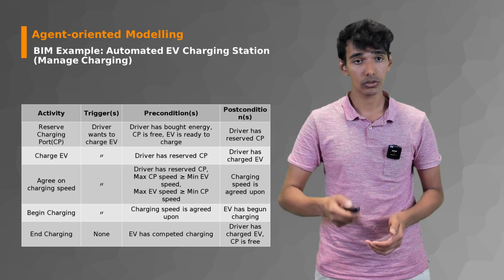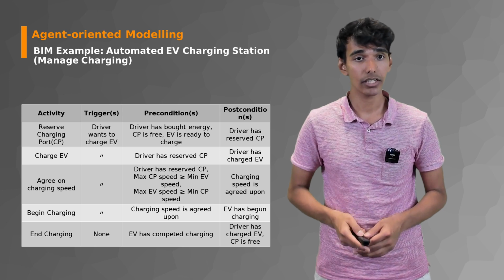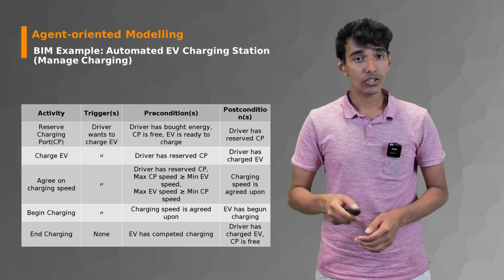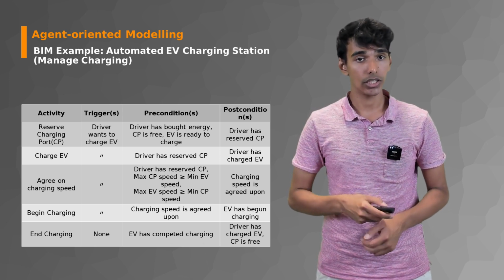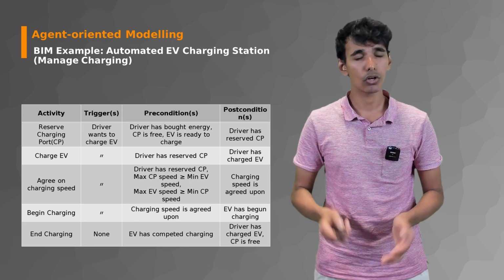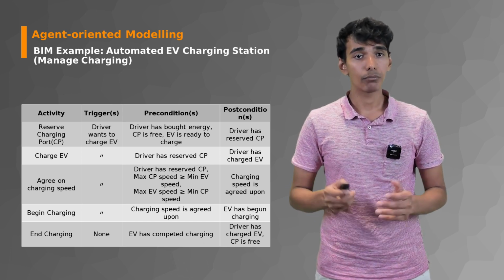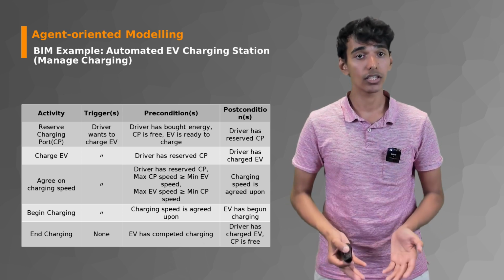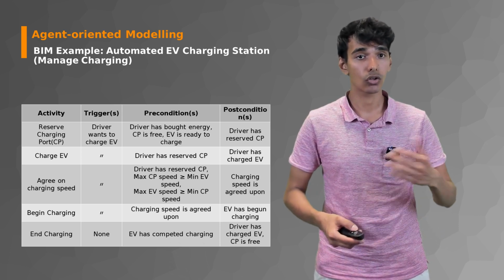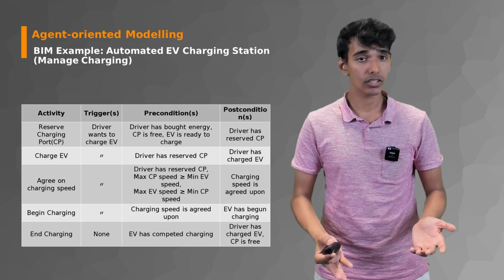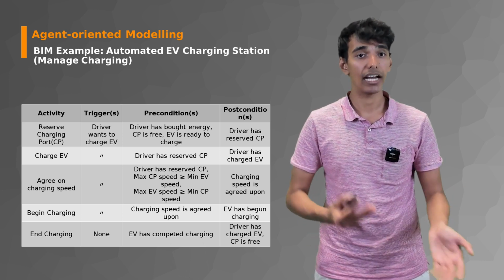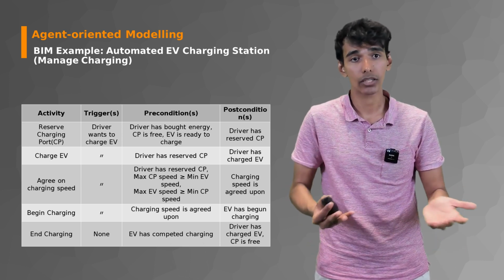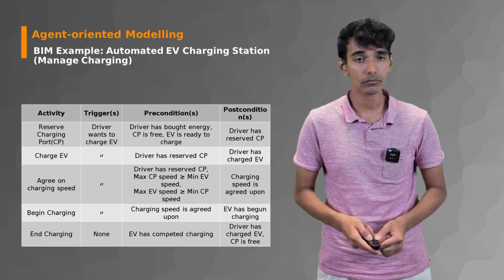You might notice that the activities on the left-hand side are derivations of the functional goals in your goal model. This is very important, and this is an important method of derivation of the behavioral interface models. Generally, what you do is you derive your goal model and behavioral interface model in conjunction, or one after the other. There is always a feedback loop between this process.